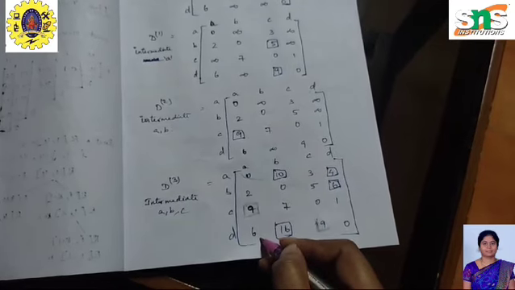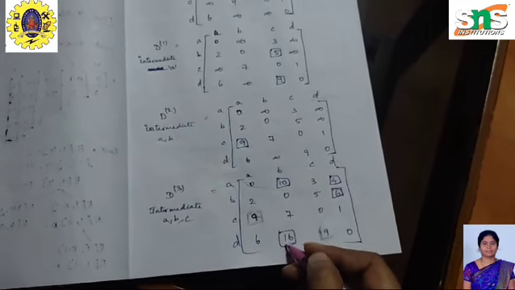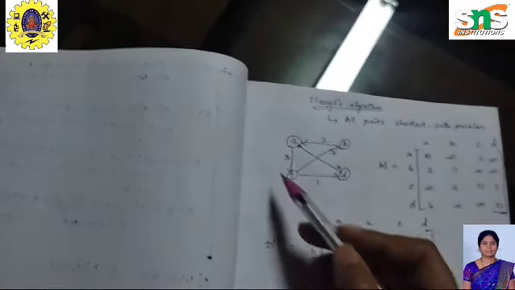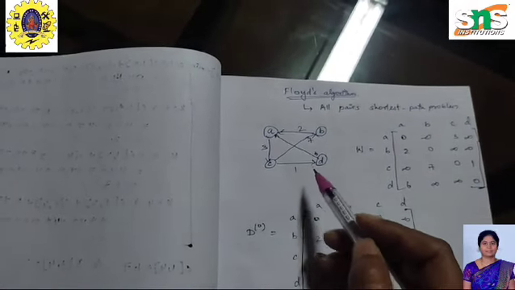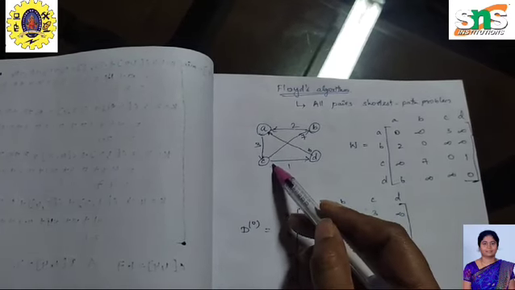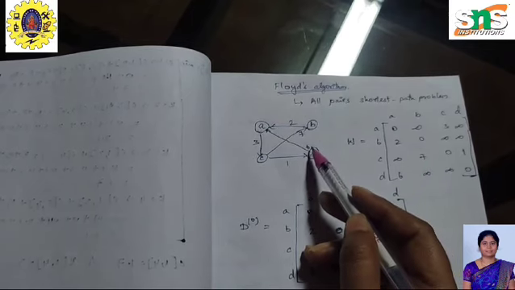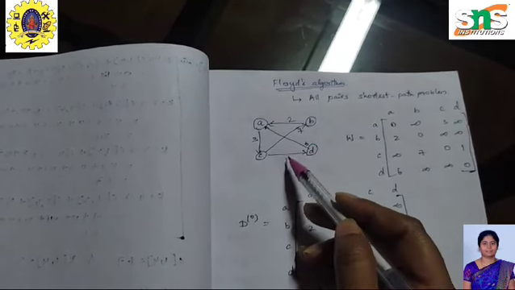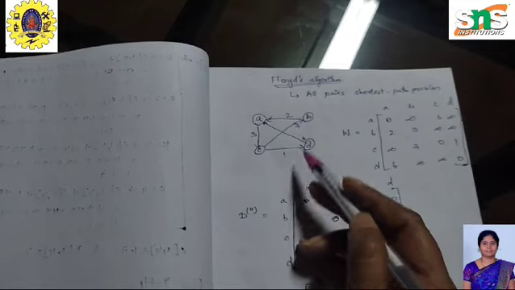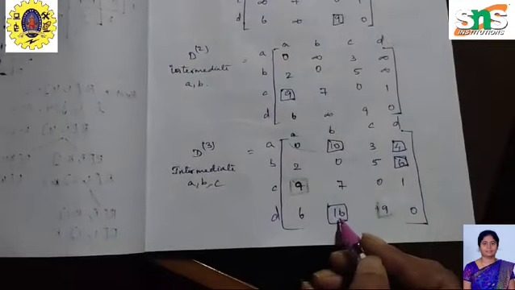If we have any lesser value, that can be updated here. And for D to B, I can go D to A to C, C to B. So 6 plus 3 plus 7 is 16, so 16 is mentioned.